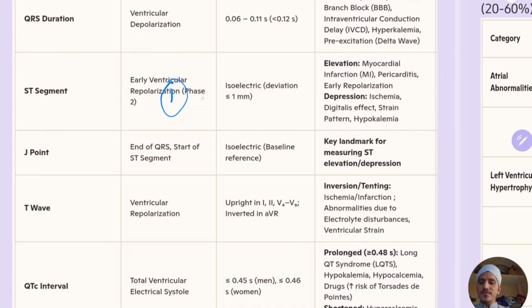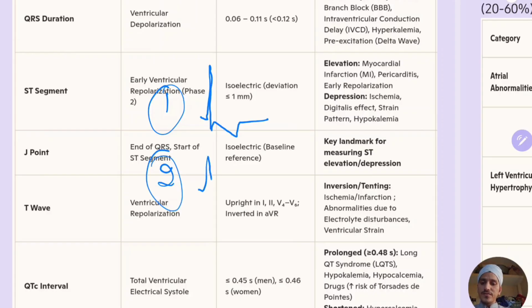Number one is downsloping ST segment depression, like this. This is the QRS. I will just draw this one. This is downsloping ST segment depression. Number two, flat ST segment depression. Number three, upsloping ST segment depression.